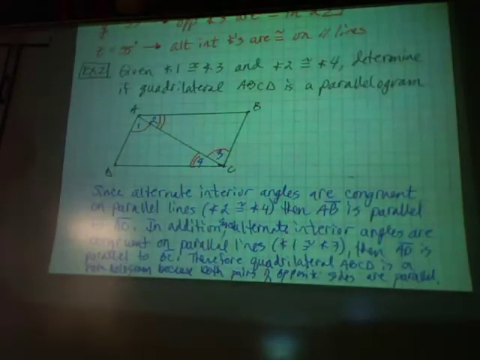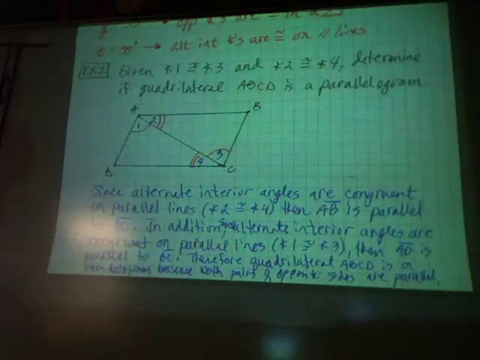So that's a mini paragraph proof. You've stated that you have two sets of alternate interior angles that are congruent. You've stated which lines are parallel because of those congruent angles. And because of that, you're able to state that the quadrilateral is a parallelogram because both pairs of opposite sides are parallel.